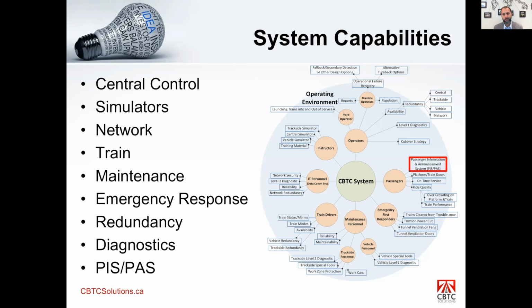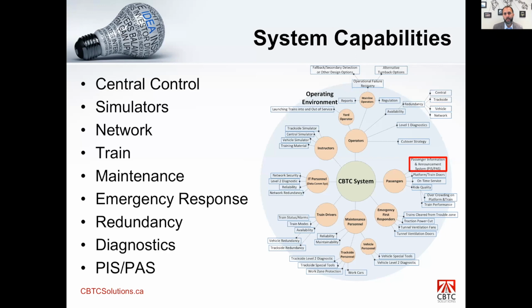Finally, the passenger information announcement system, the PIS-PAS, didn't really fall into a category by itself. So we would create a topic called PIS-PAS on its own, and this addresses all passenger-related issues. You may rename PIS-PAS to passengers or riders, and list out some topics that are of concern to the ridership that don't necessarily fall into other categories.